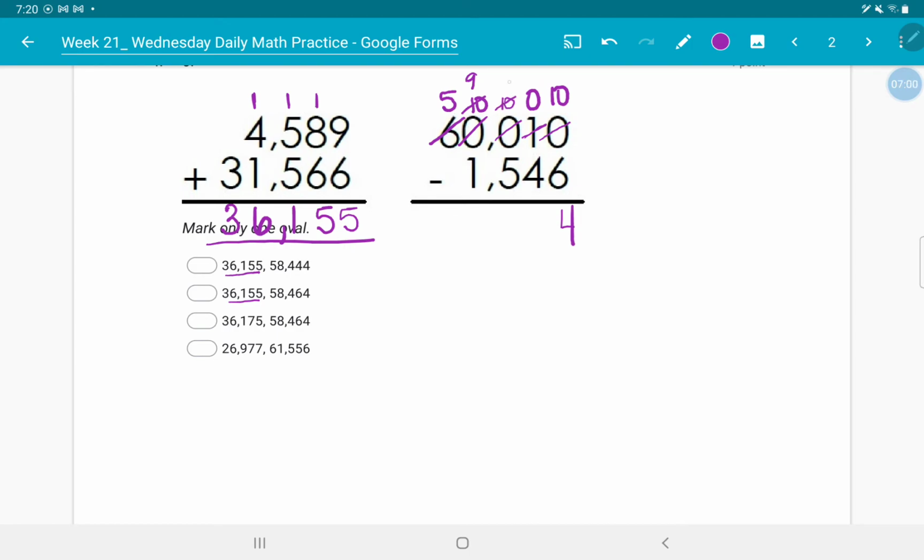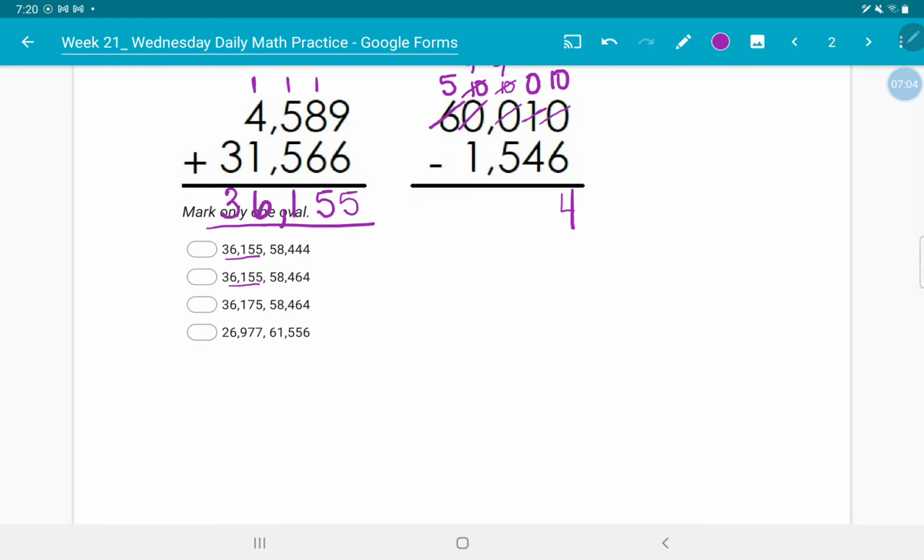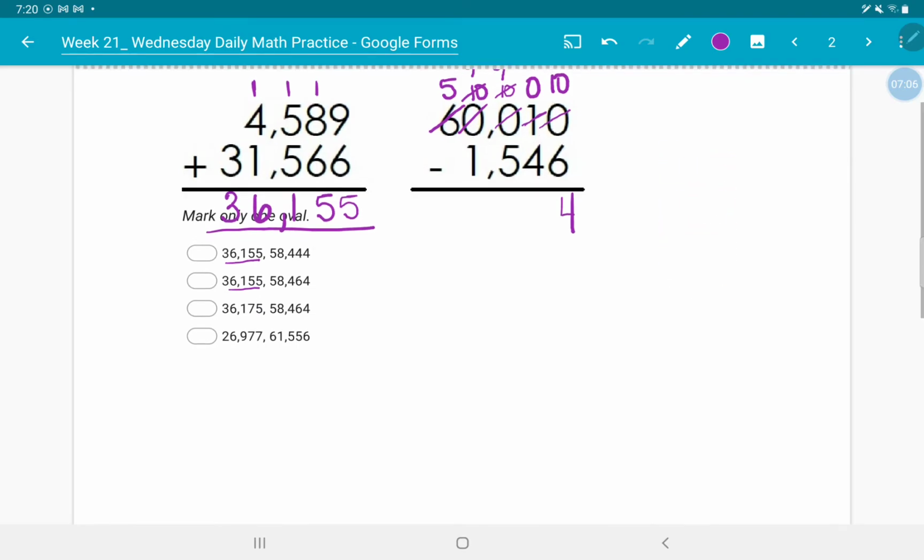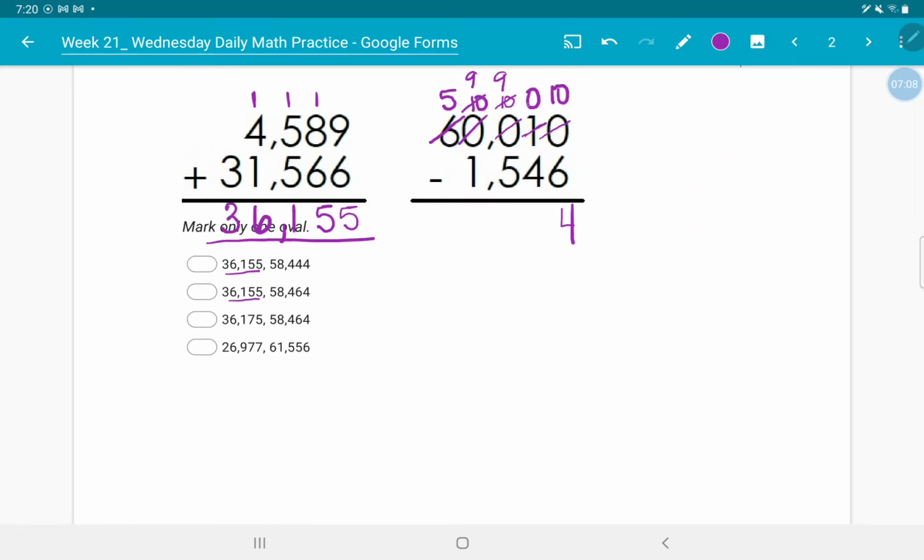That still doesn't help me, so I'm going to take one of those. It leaves me with 9 hundreds. I took one of those hundreds and I'm going to add it over here to my tens.